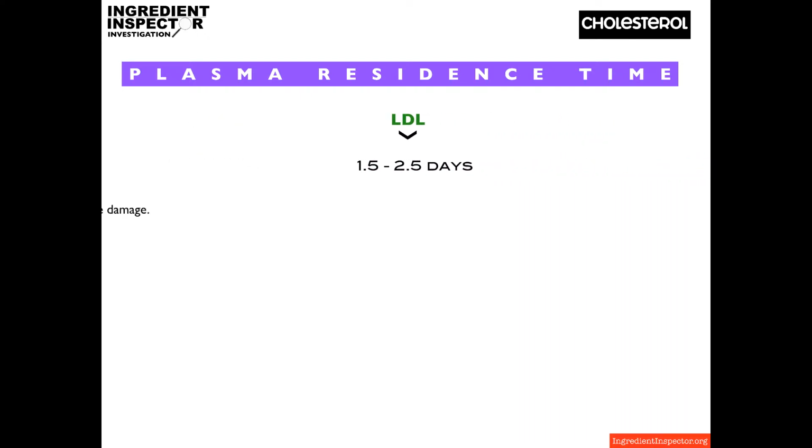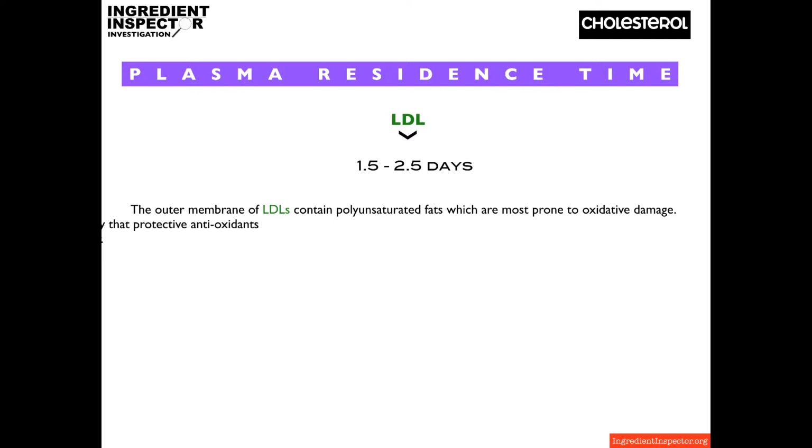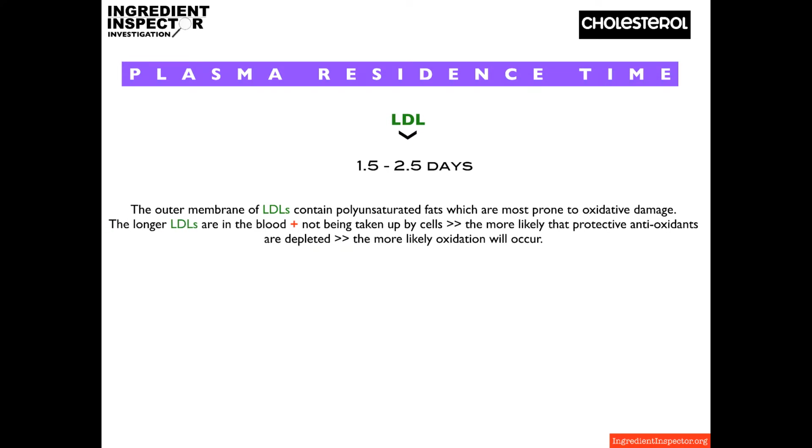The outer membrane of LDLs contains polyunsaturated fats, which are most prone to oxidative damage. The longer LDLs are in the blood and not being taken up by cells, the more likely that protective antioxidants are depleted, the more likely oxidation will occur. Insufficient antioxidants lead to insufficient defenses, which lead to oxidation.